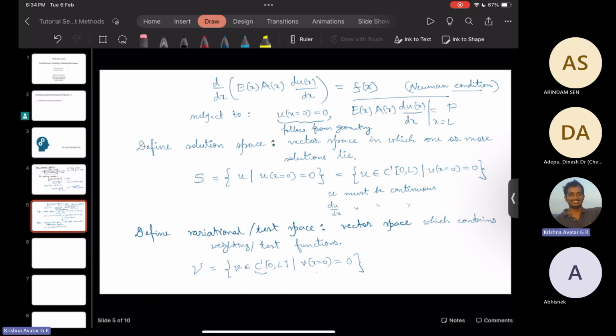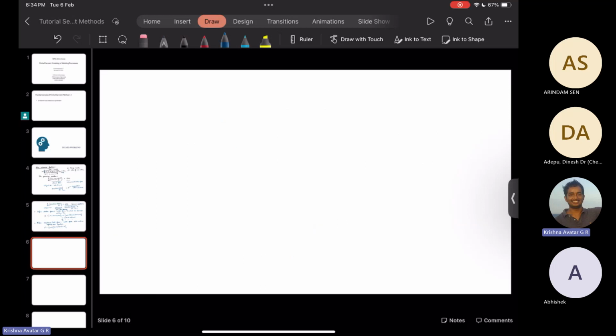So since we have defined our solution space and the variational space, all that we need to do is start building our process. So first, let's derive the weak form of the governing equation.